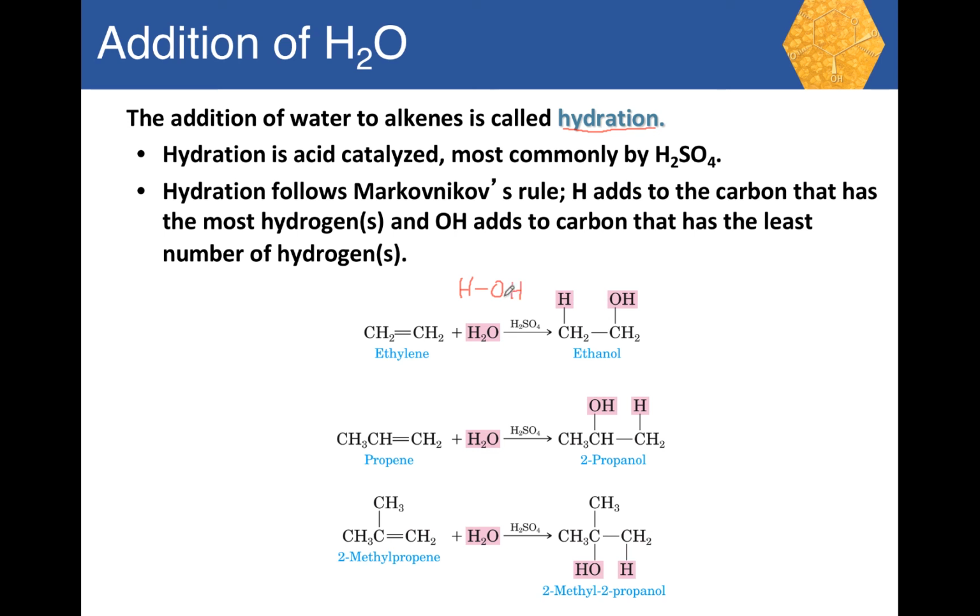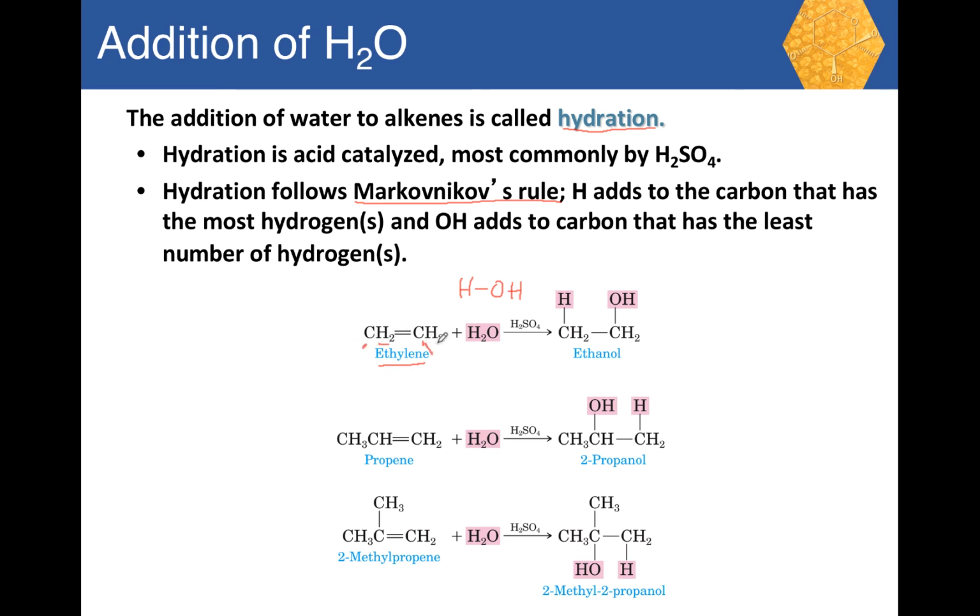So using Markovnikov's Rule, notice we're still using Markovnikov's Rule here, the hydrogen will add to the carbon that has the most hydrogens, and the OH, here X, will add to the carbon with the least hydrogens. So let's analyze the alkene. In this case, it's ethene. So here's one carbon, two hydrogens.